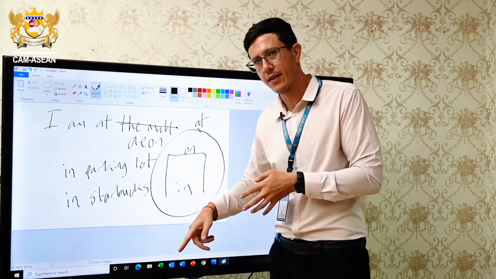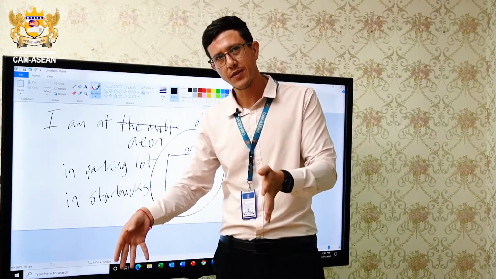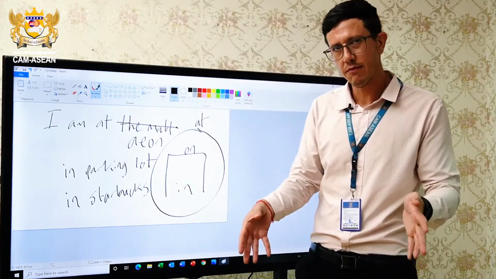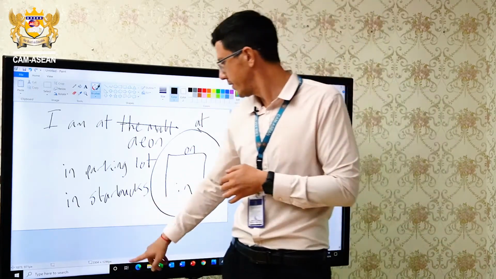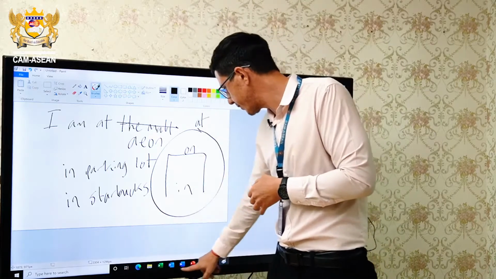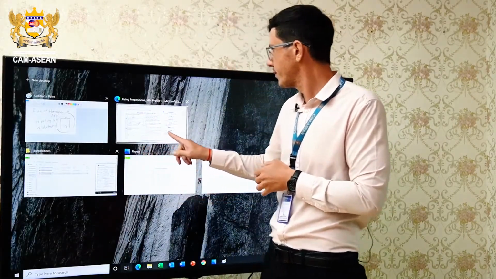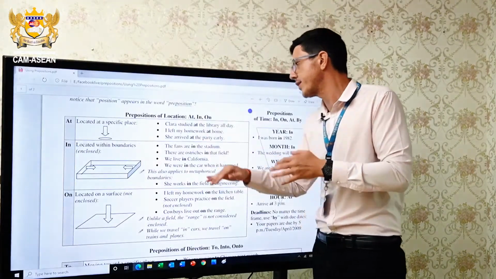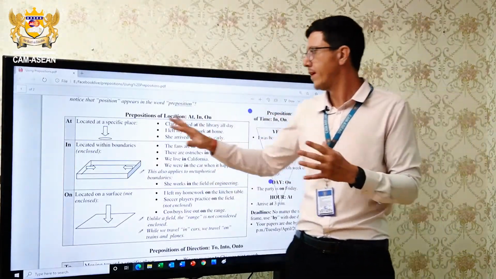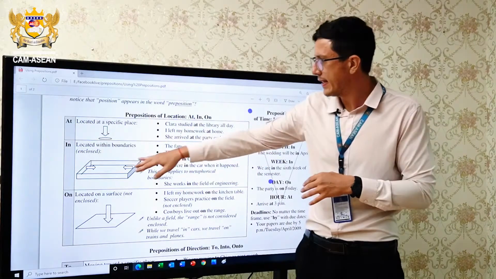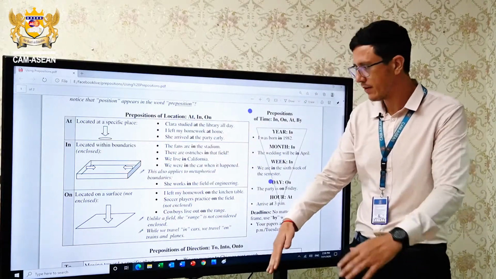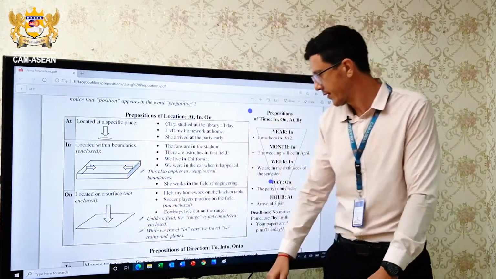Once I'm in, I'm at. Once I'm at, maybe I'm in. So let's look at some more examples. So this is good to use the picture. At a specific place, inside of something, touching something.